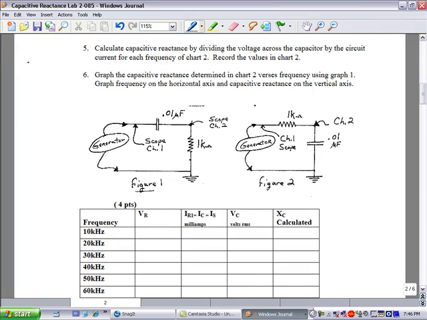Next, we're going to apply the formula that capacitive reactance can be calculated by taking voltage across the capacitor divided by current flowing to and from the capacitor. And we're going to set up a little series circuit to prove this out. Now, you notice there are two figures on the lab activity, figure 1 and figure 2.